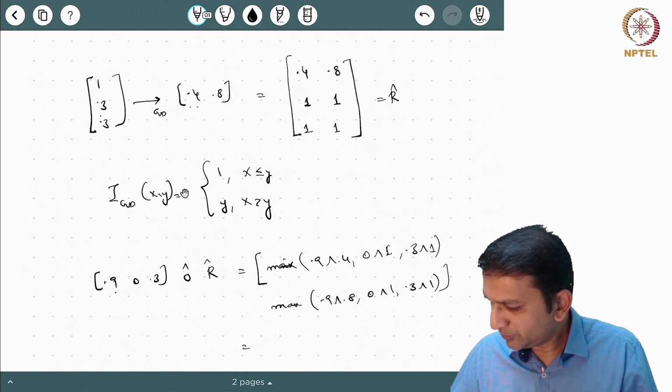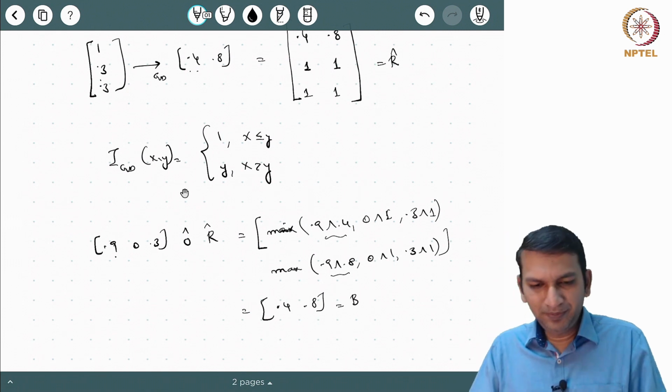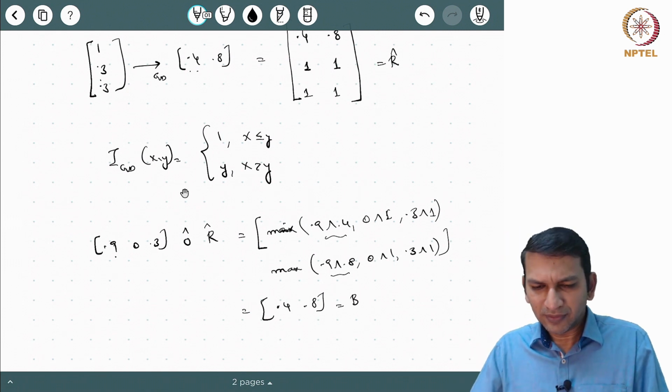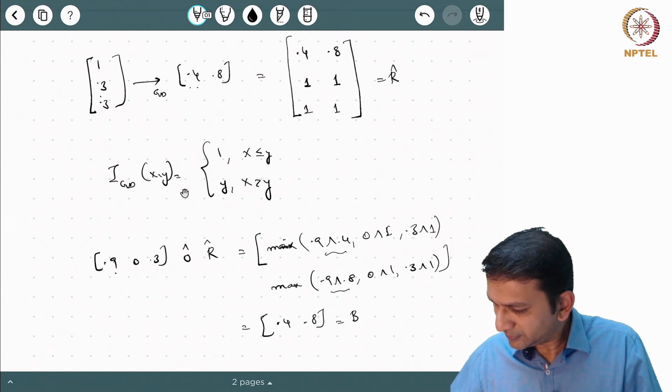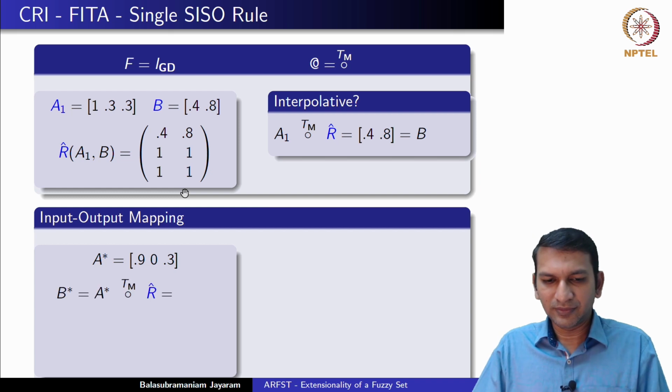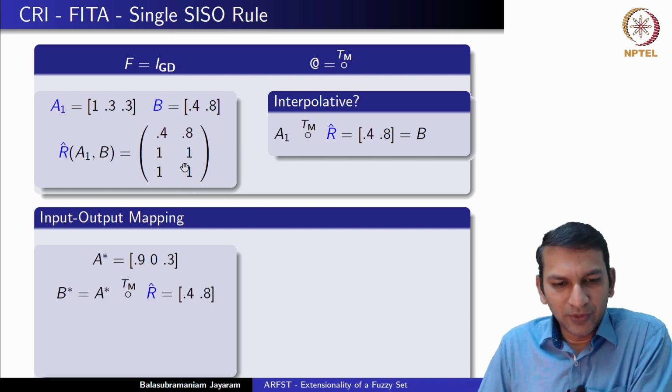Clearly this will turn out to be this quantity here, which is 0.4, and this quantity here, which is 0.8. So this is actually equal to B. But the point is not that it is equal to B. The point is this is the output we are getting.